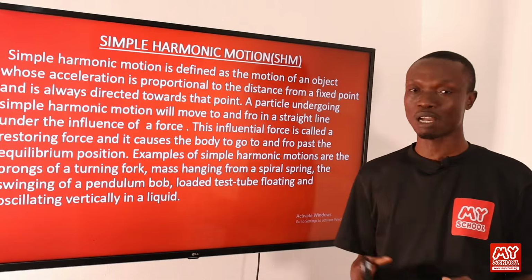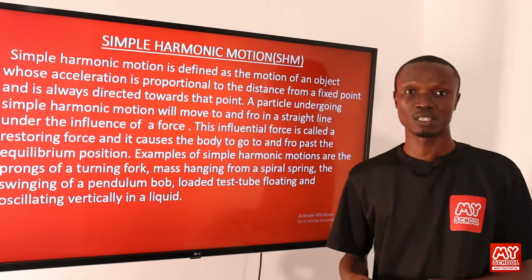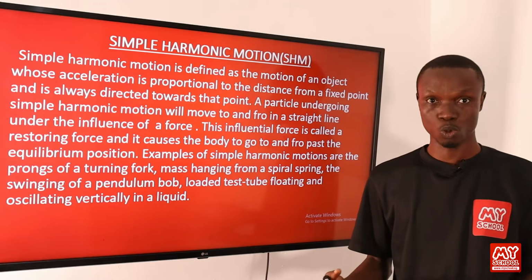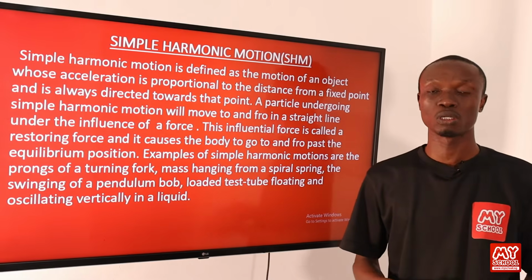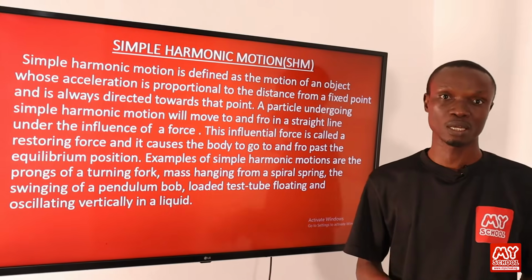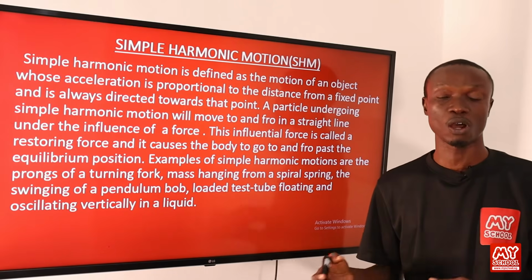I will start by saying that simple harmonic motion is a special type of periodic motion. In periodic motion, the motion of the moving body is repeated at successive equal intervals of time.